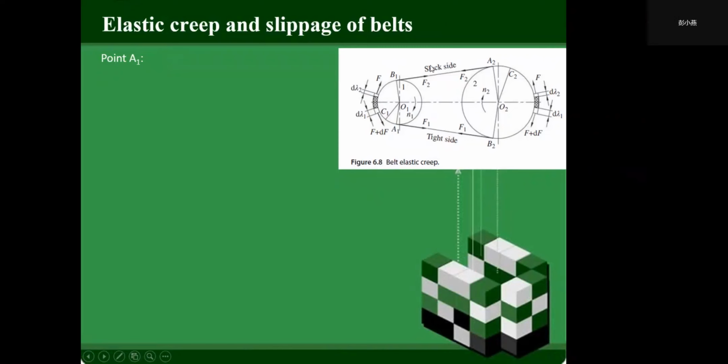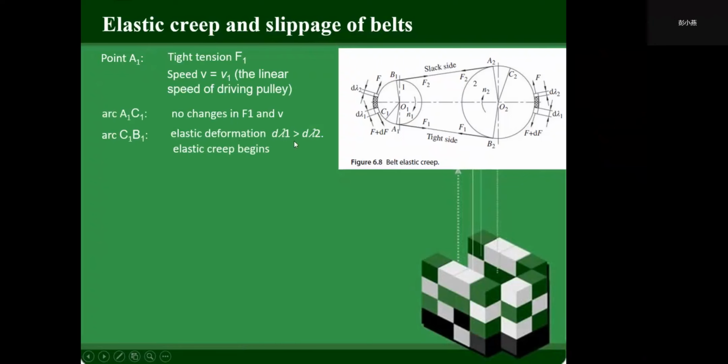So, resulting in the elastic deformation, the lambda 1 is larger than the lambda 2. Then the elastic grip begins.